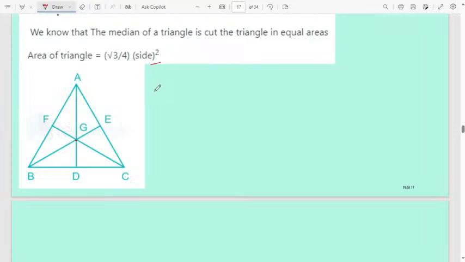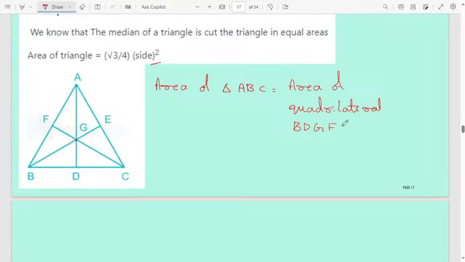I will write in the next step: area of triangle ABC will be equal to area of quadrilateral BDGF into 3.